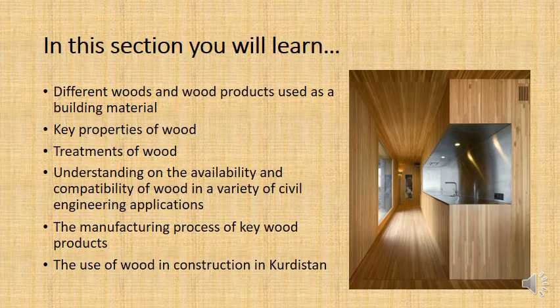So we also talked a little bit about how moisture content influences the modulus of elasticity and how that can be used for malleability, basically bending wood into new shapes.